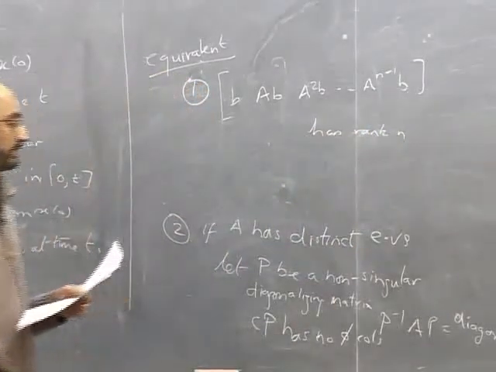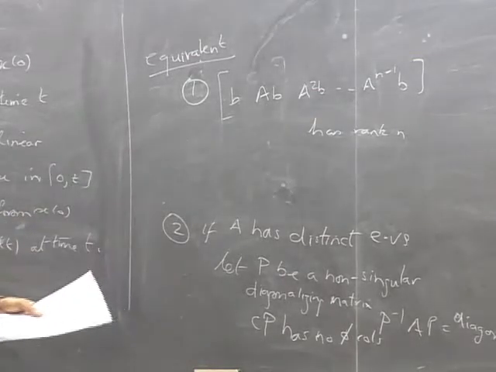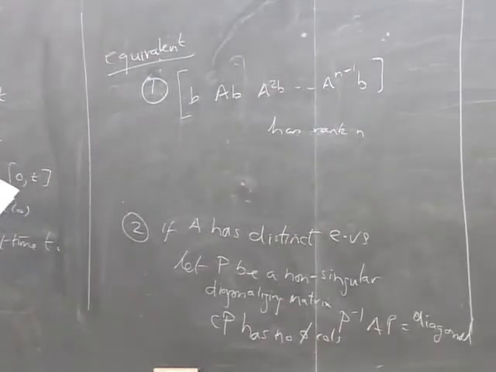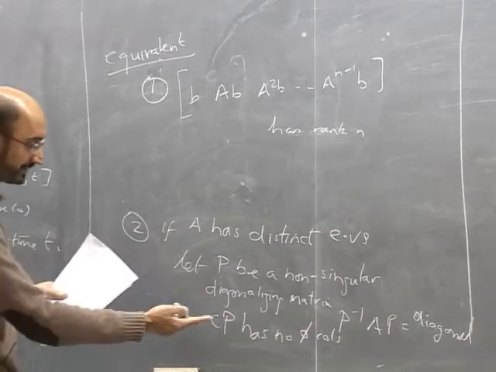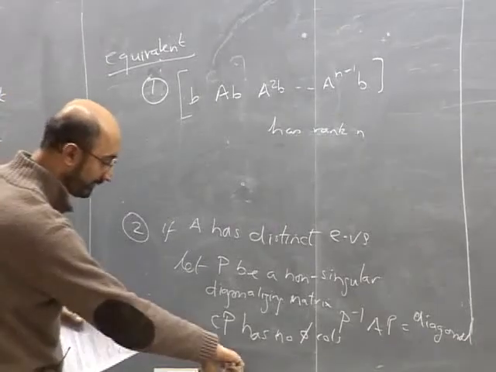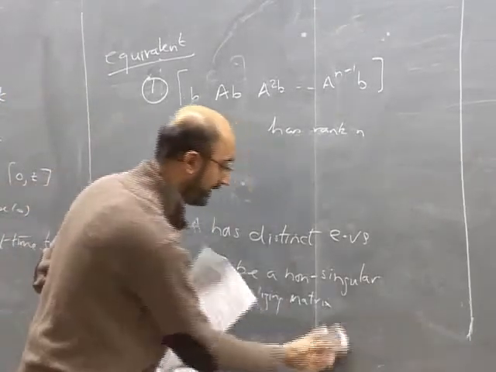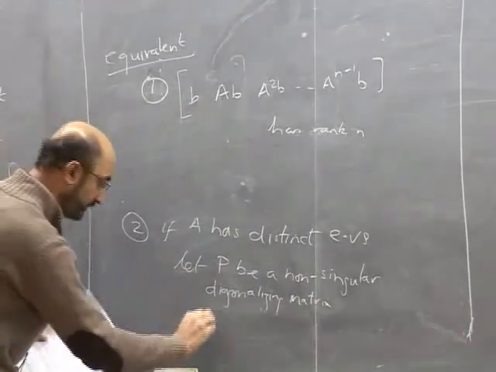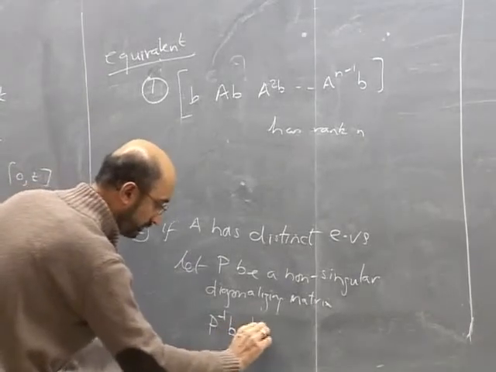This is a similar criterion. And the criterion for controllability is, if A has distinct eigenvalues and P is a non-singular diagonalizing matrix, then instead of CP has no 0 columns, we say that P inverse B has no 0 rows.